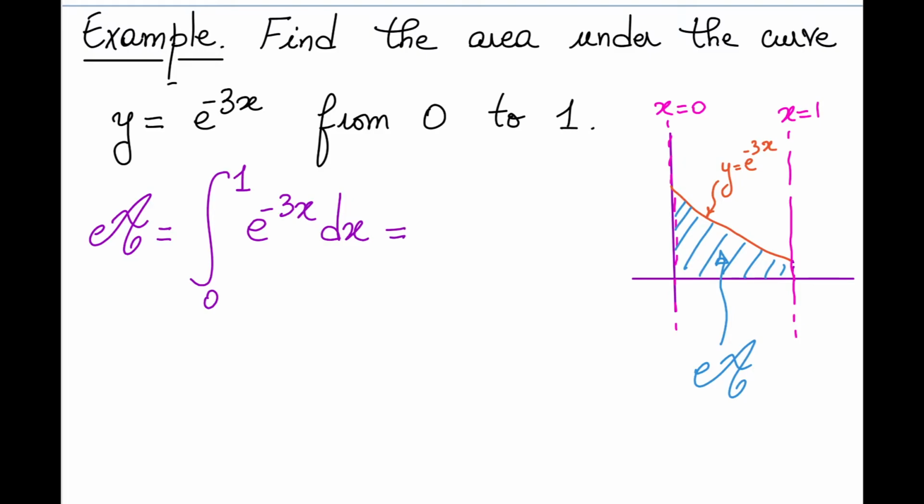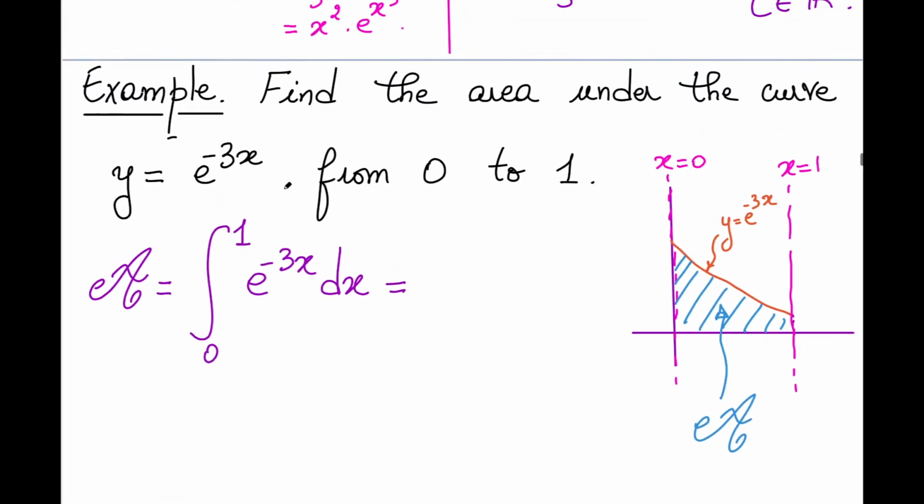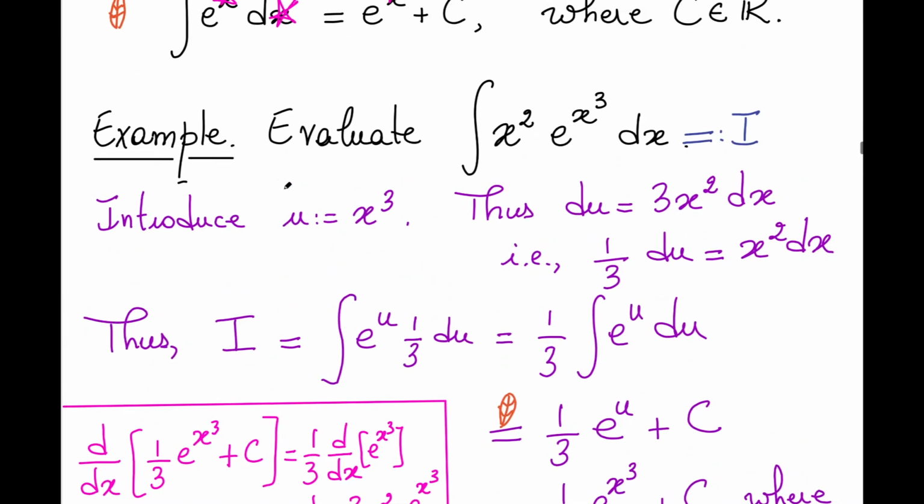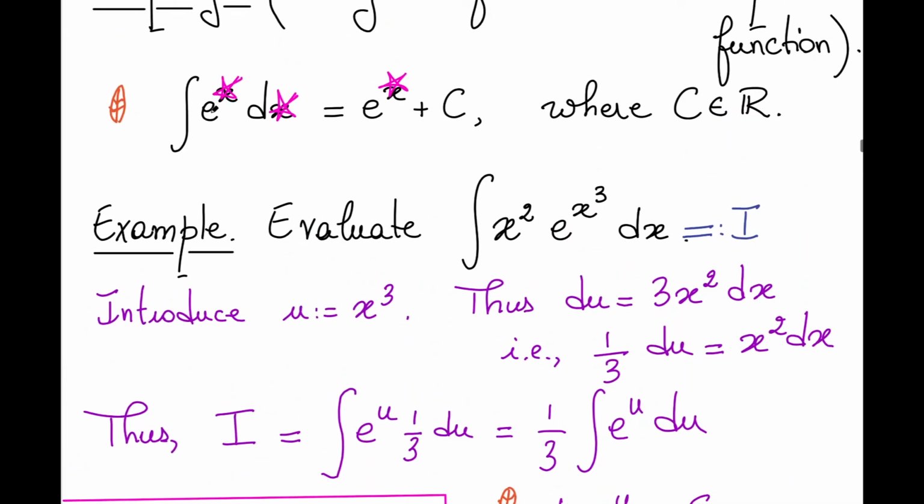And this is equal to what? Well, we're going to use the leaf property, but we cannot use it yet because what we have here is e to the negative 3x dx.